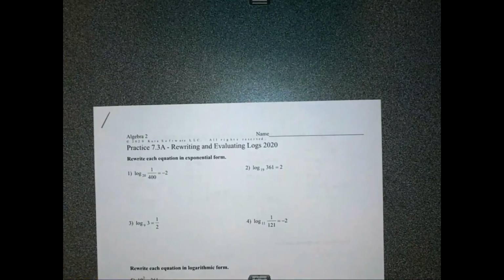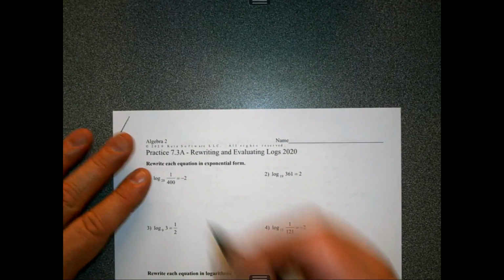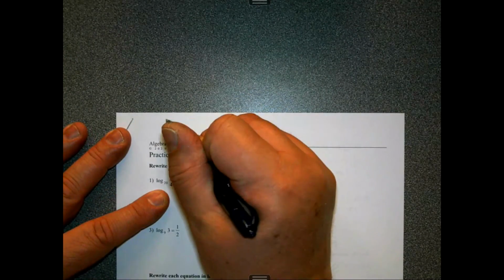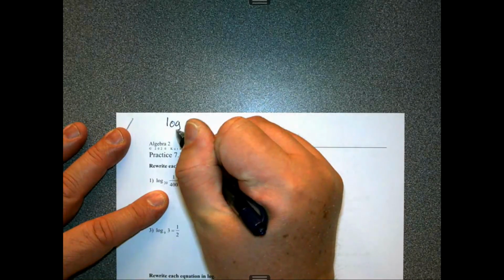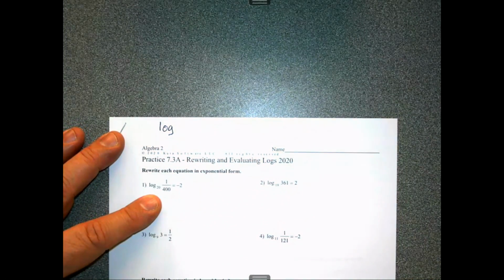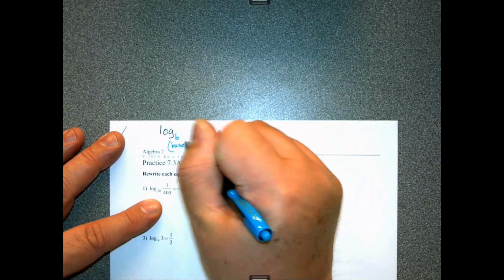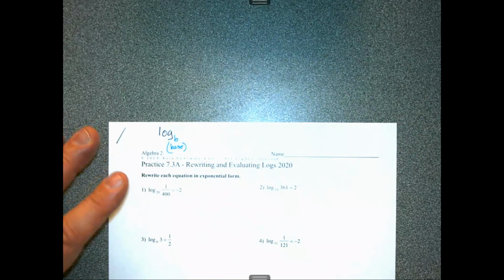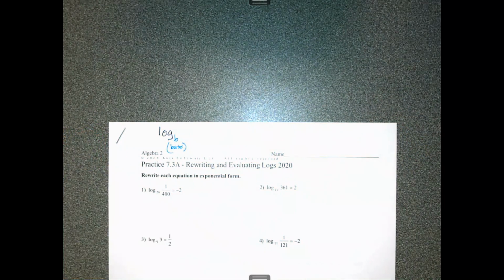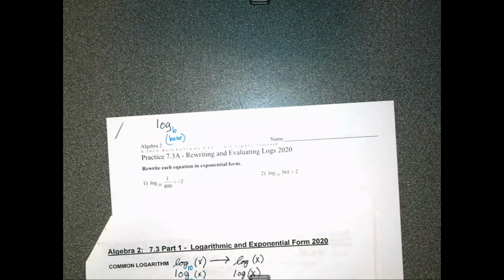If you want, I would put the 2 forms on here: log base 10, and you know those two. I would put these 2 right on your worksheet, because it's going to take a while to get to know these.